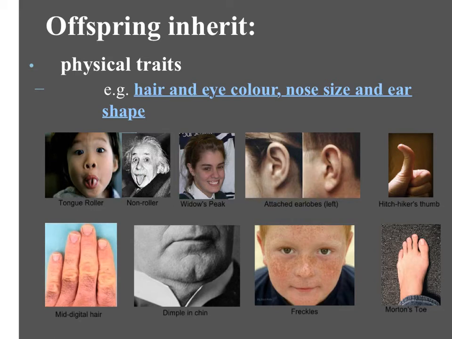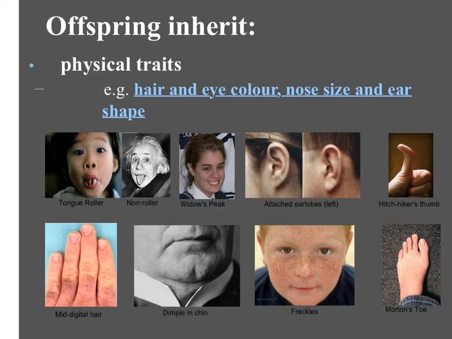Now, if you look at your mid-digit right here, do you have any hair there? Some people do, some people don't. And sometimes the hairs are really, really small, so you might have to look closely. There's also dimple chin. Do you have a dimple chin? Do either of your parents have that? Freckles, of course, is an inherited trait.